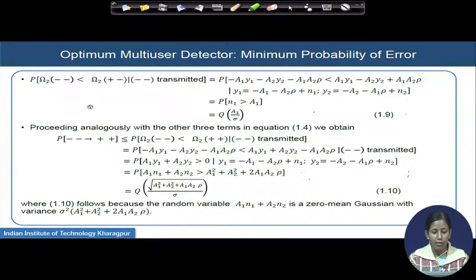So now we are here: the probability that the capital omega 2 of transmitted double minus is less than or equal to this, given that double minus was transmitted. That can be written like this, given that Y1 was equal to this and Y2 was like this. Fundamentally, once we write this expression, we are trying to find the probability that N1 is greater than A1, and this probability can be expressed by a Q function given by the SNR, A1 over the noise.